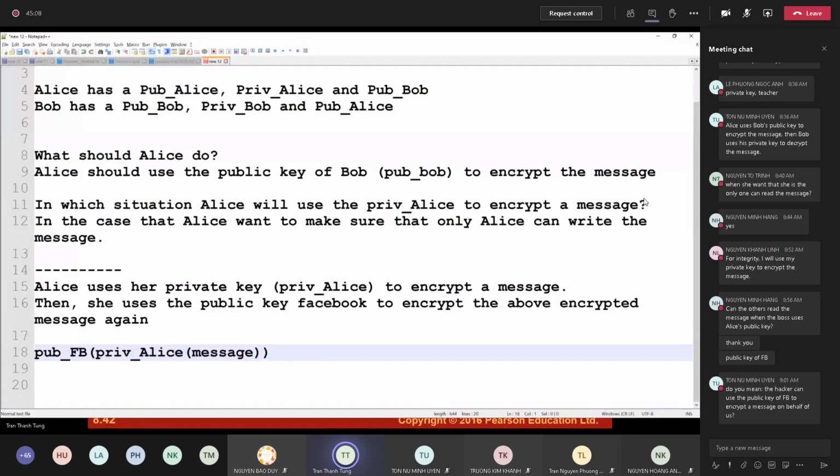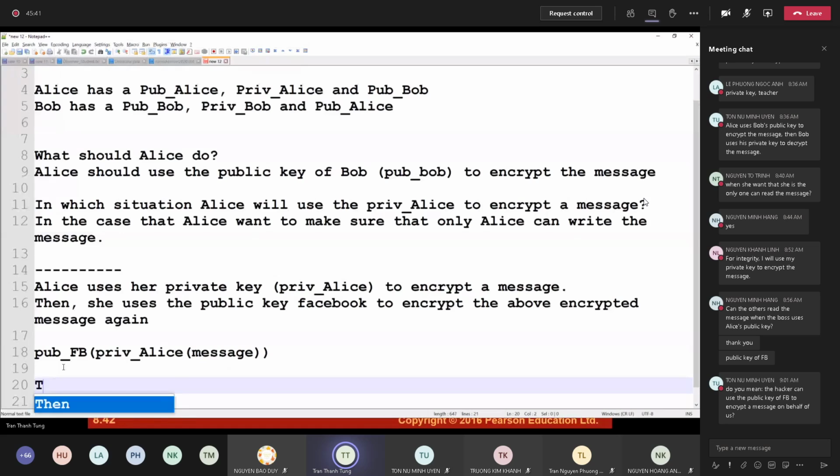So here what you can see is that we use the private key of Alice to encrypt the message, and after we have the encrypted message of that part, we use the public key of Facebook to encrypt the message again. So what does it mean by this combination? In this combination, we can ensure two things.